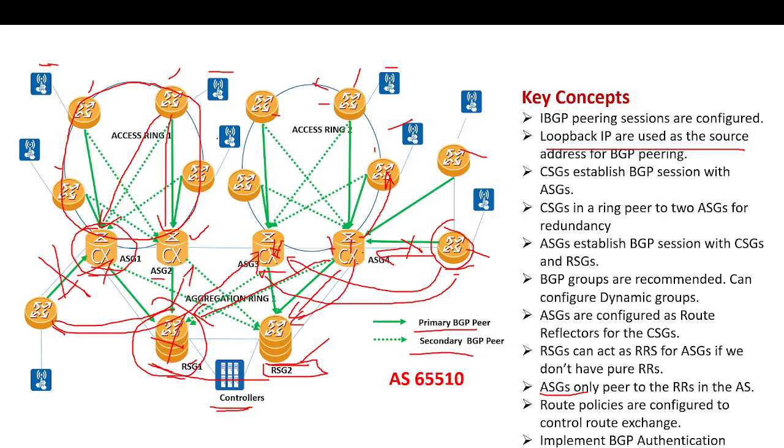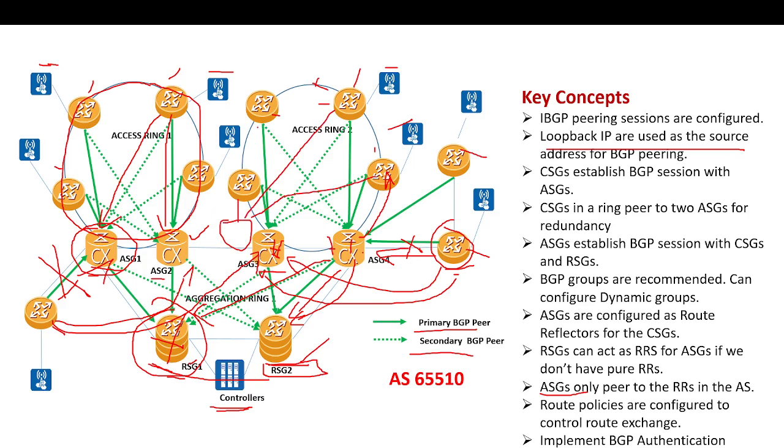Now, if you deploy another route reflector at the ASG point, the ASGs do not need to act as route reflector again, right? Unless you are pairing BGP sessions between the CSG and the route reflector. Right. If you deploy a route reflector here, then it means we need to pair these CSGs with the route reflector.